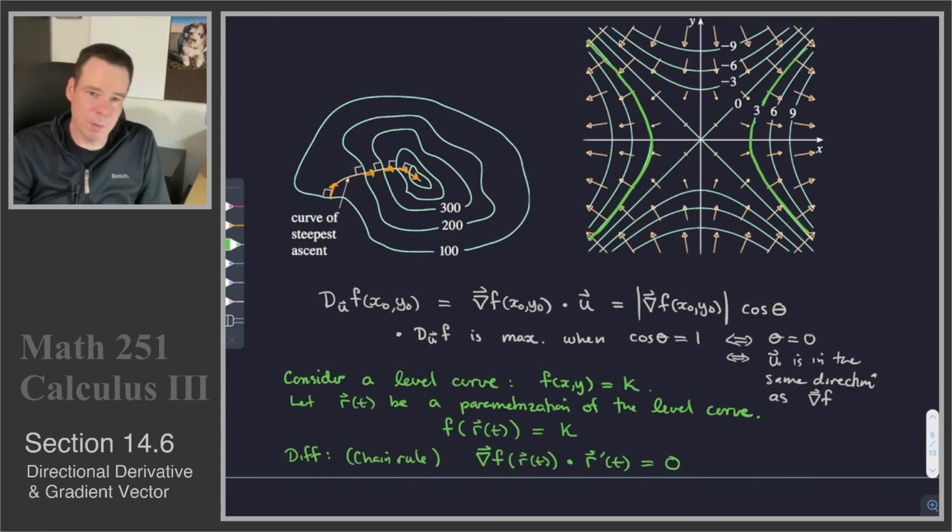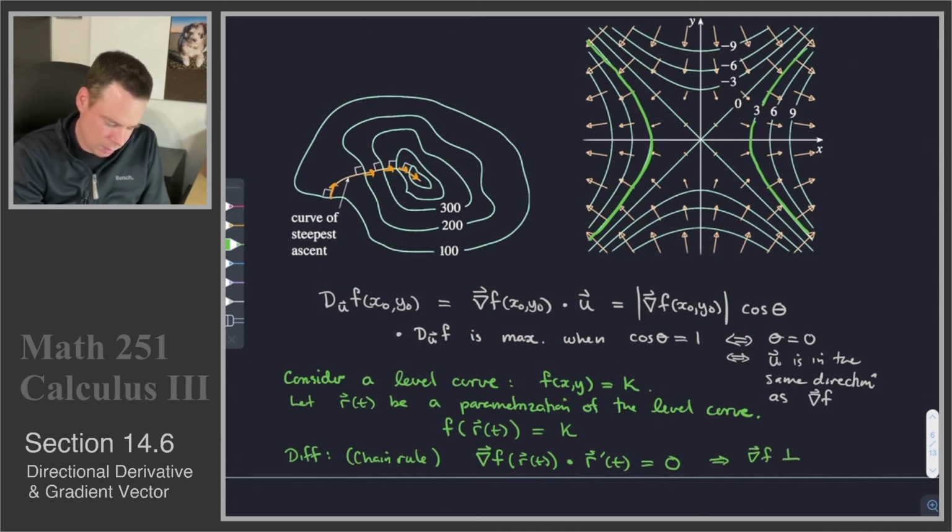It's the dot product of the partial derivatives, df dx, df dy, with r prime of t, dx dt, dy dt. So the chain rule really can be expressed in terms of this dot product. And what this means is that the gradient of f is perpendicular to r prime.